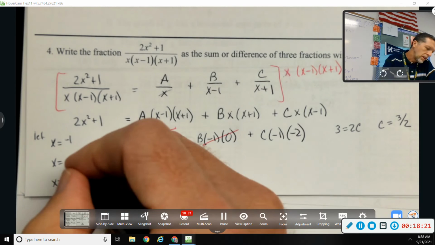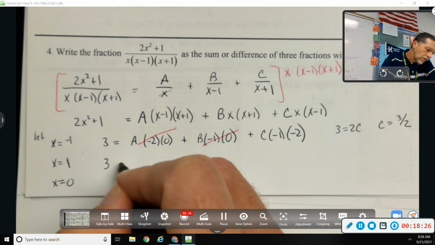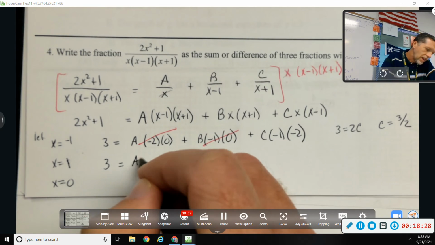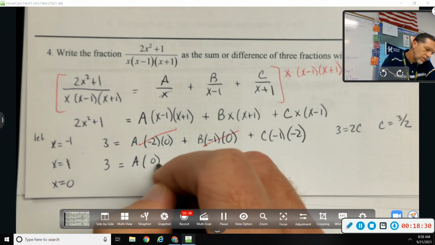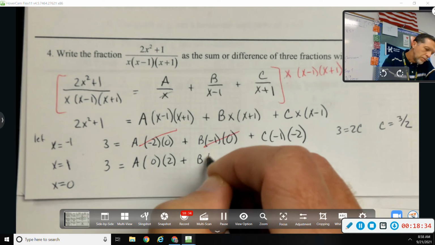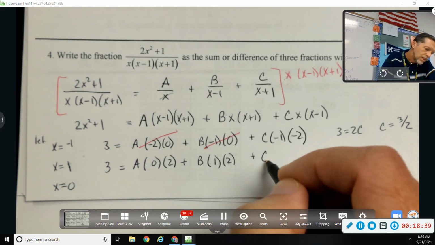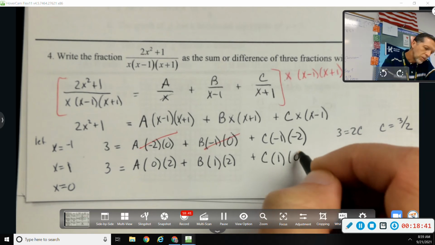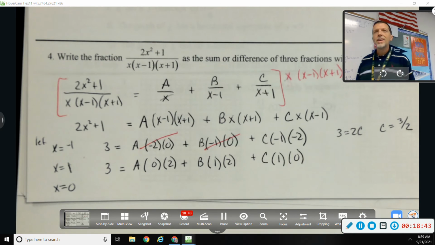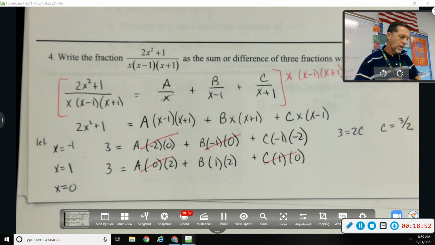So plug in x equals 1. We get 3 equals a times 0 times 2, b times 1 times 2, c times 1 times 0. Again, it always looks like all these variables, but if you pick the right x's, stuff goes away.